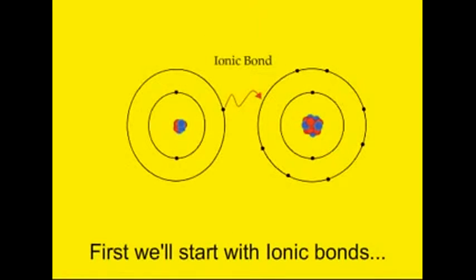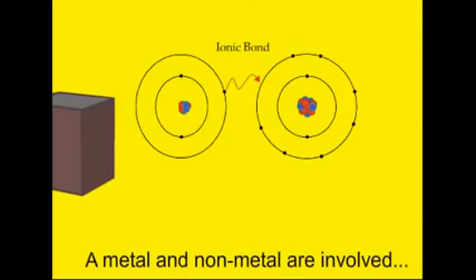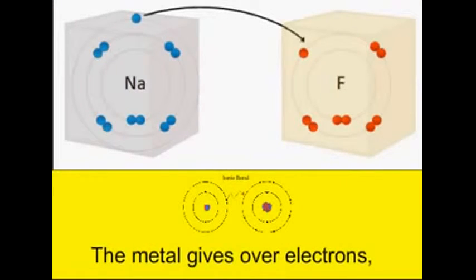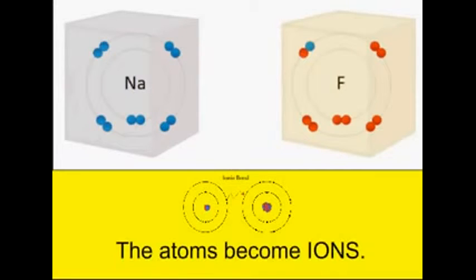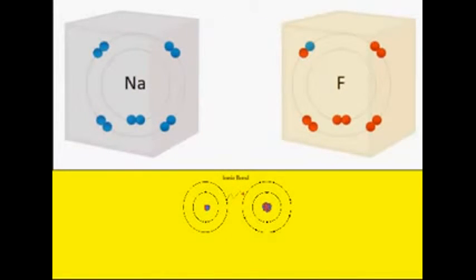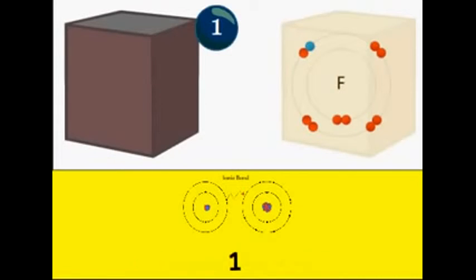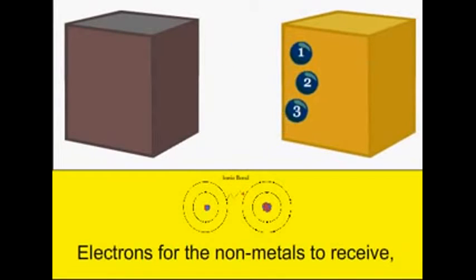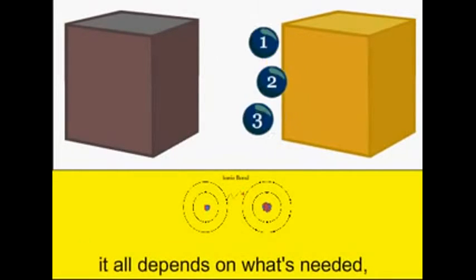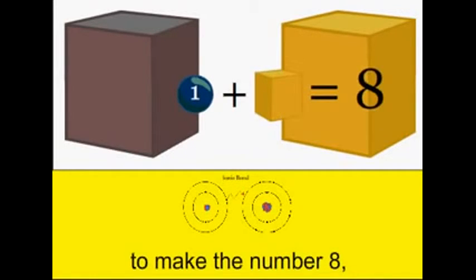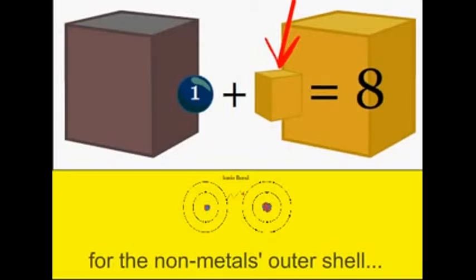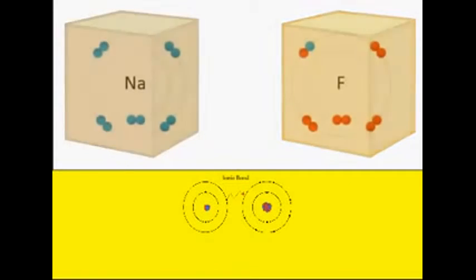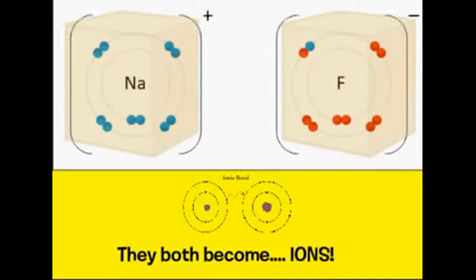First we'll start with ionic bonds. A metal and non-metal are involved. The metal gives over electrons, the non-metal it receives. The atoms become ions. The metal might have 1, 2, or 3 electrons for the non-metal to receive. It all depends on what's needed to make the number 8 for the non-metals our shell. And if it happens for them, they both become ions.